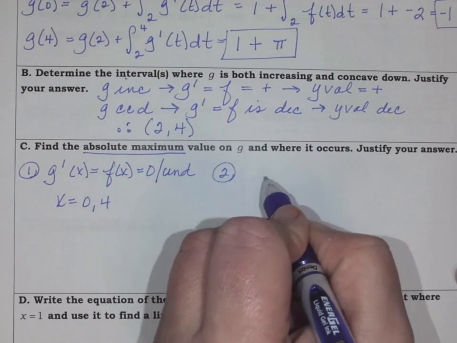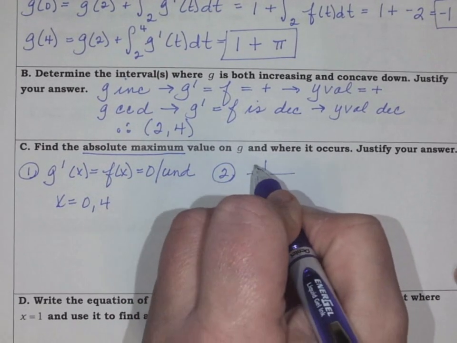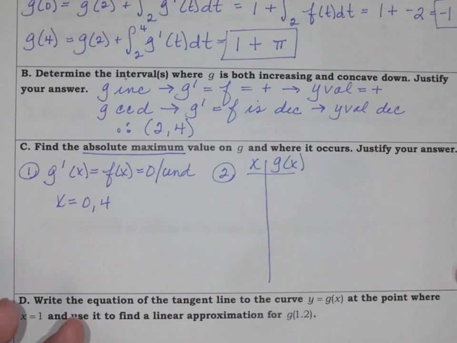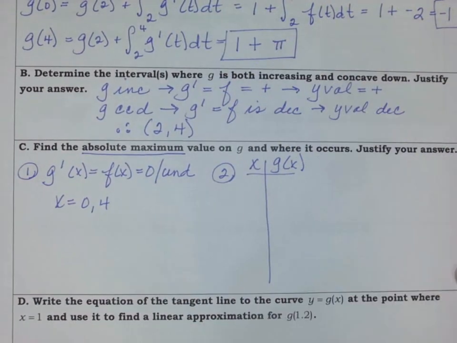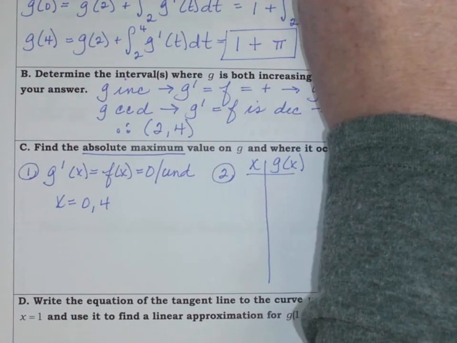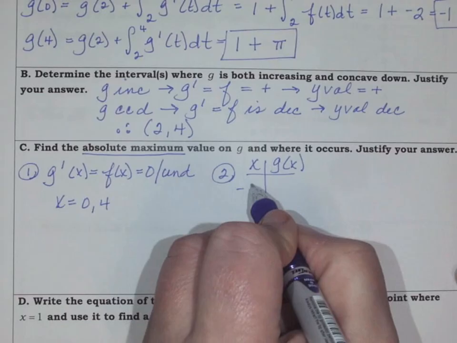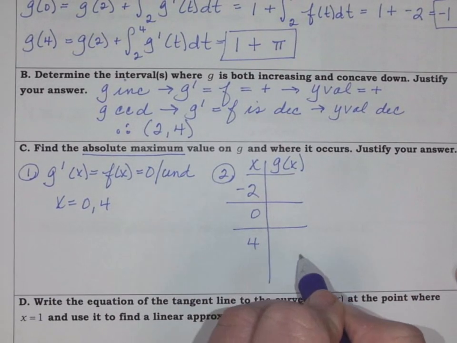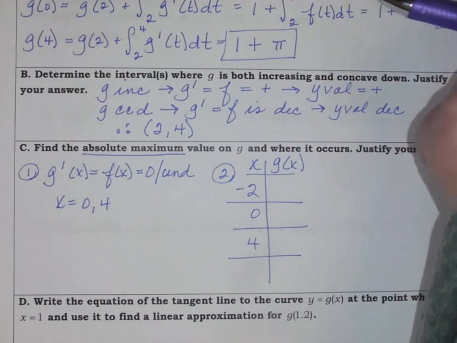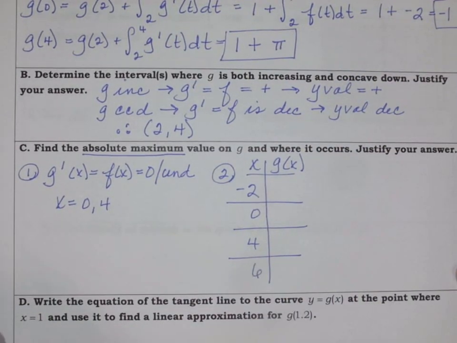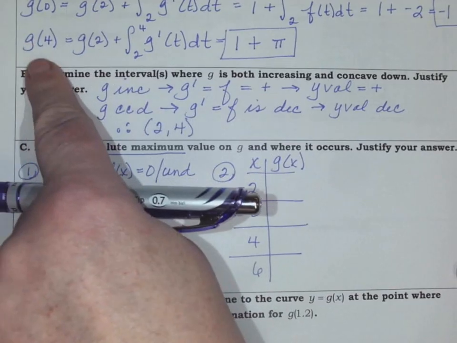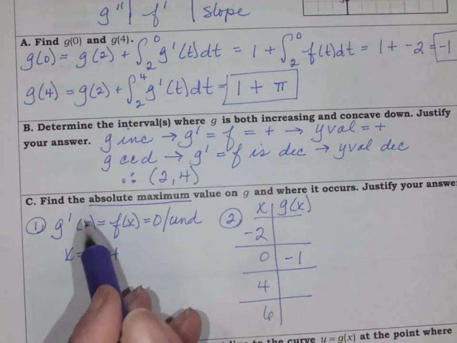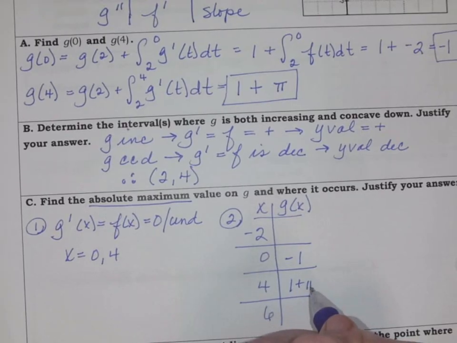Our second thing is to build our t-chart. So we have x and we have g of x. They didn't give me an interval, but our endpoints are going to be -2, then we have our 0, then we have our 4, and then our right endpoint is going to be at 6. Now, we already found 0 and 4 in part A. So 0 was -1, and 4 was 1 plus pi.